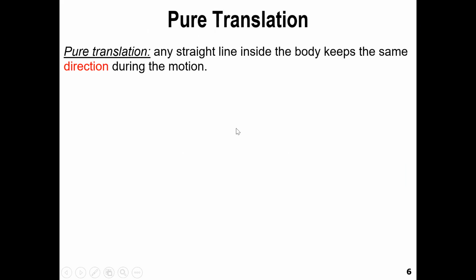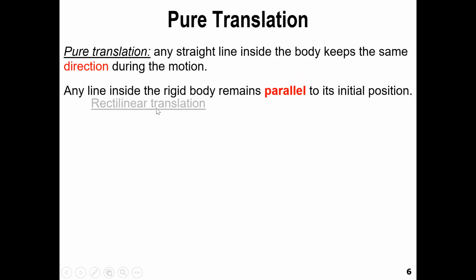So translation. When we talk about translation only, any straight line in the rigid body remains parallel to its original position during the motion. So that means it does not rotate.